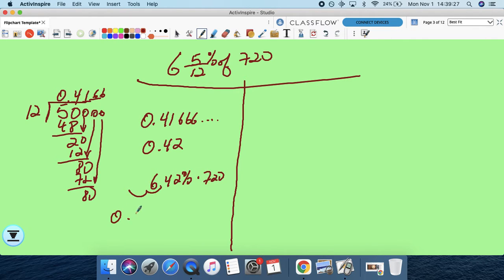You get 0.0642 times 720, and I multiply this and get 46.224. So 6 and 5/12% of 720 is about that, because it's not an exact number this way.